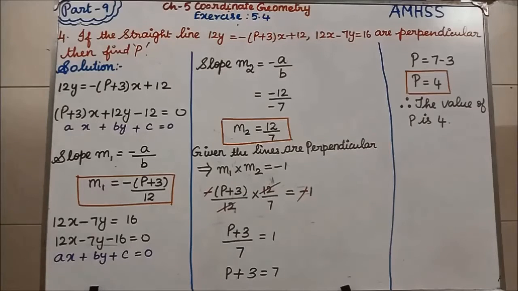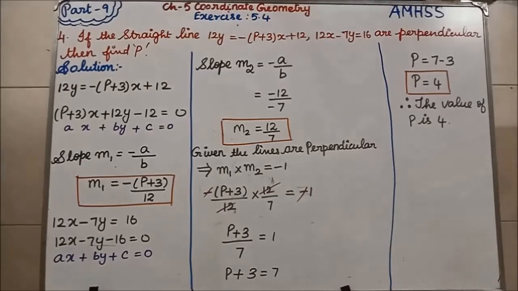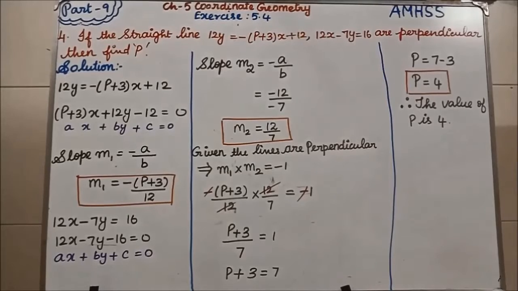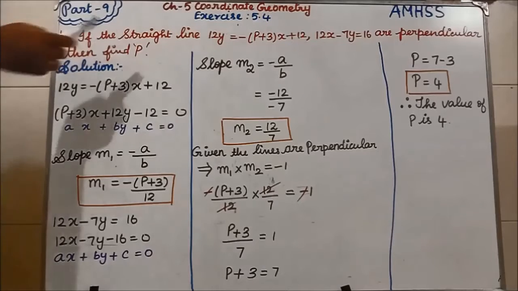They are saying the two lines are perpendicular. Then find p. This is our question. They have given two equations and they are saying the two lines are perpendicular, and we have to find the value of p.